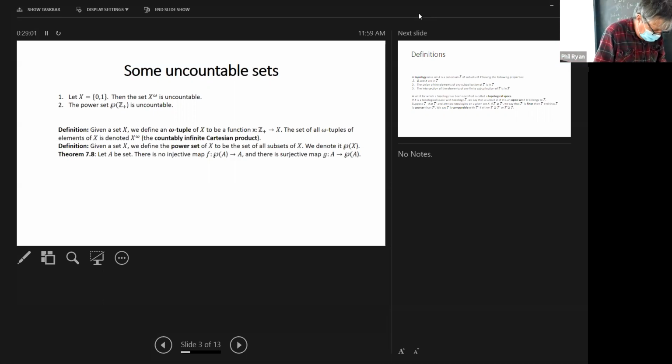Okay, so let's prove that. This is theorem 7.8 in the book. We're going to prove theorem 7.8 because once we have it, this follows as a corollary straight away, right? Because that means there's no injective map, there's no surjective map from Z plus to the power set of Z plus.